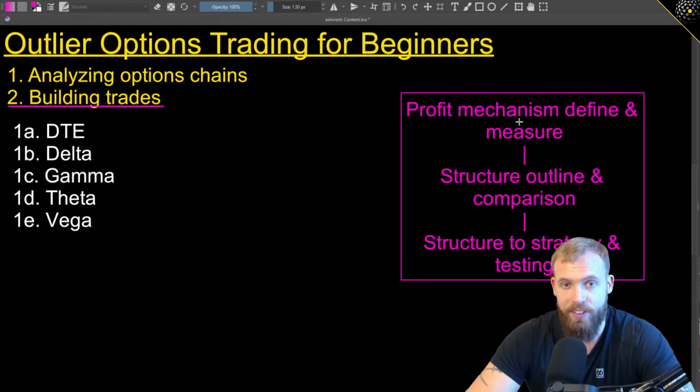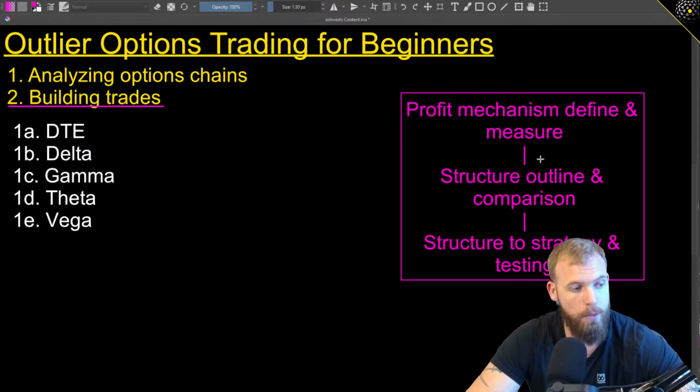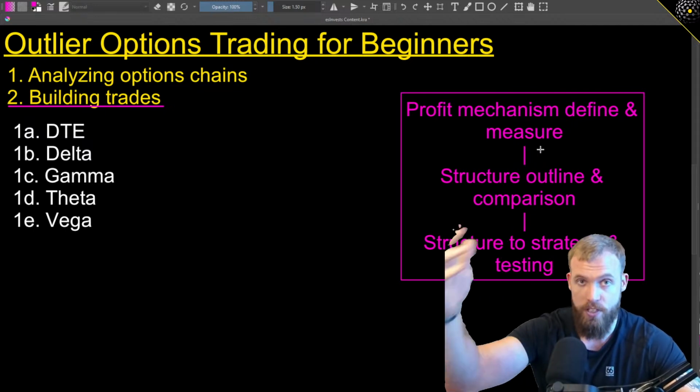That's why, if you take your time really thinking through defining the profit mechanism, it can take you so far because it will naturally limit what things make sense. So for example, if I'm trading something like GameStop and I'm trading it to the upside, what's the primary profit mechanism? Hopefully a really big parabolic move to the upside.